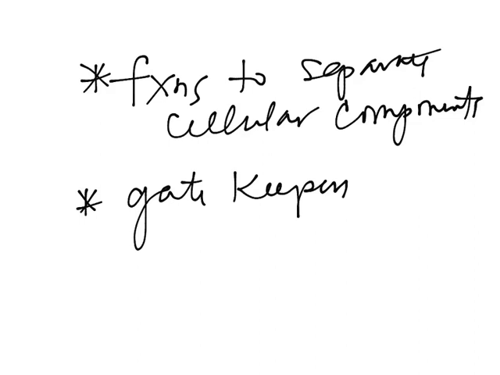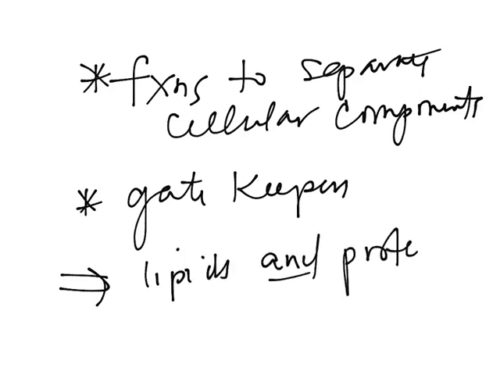So this function is going to depend not only on the lipids that are present, but also on the proteins, because our cell membrane is not just made out of lipids. 30% of the human genome codes for proteins that are interacting with lipids within the cell membrane.